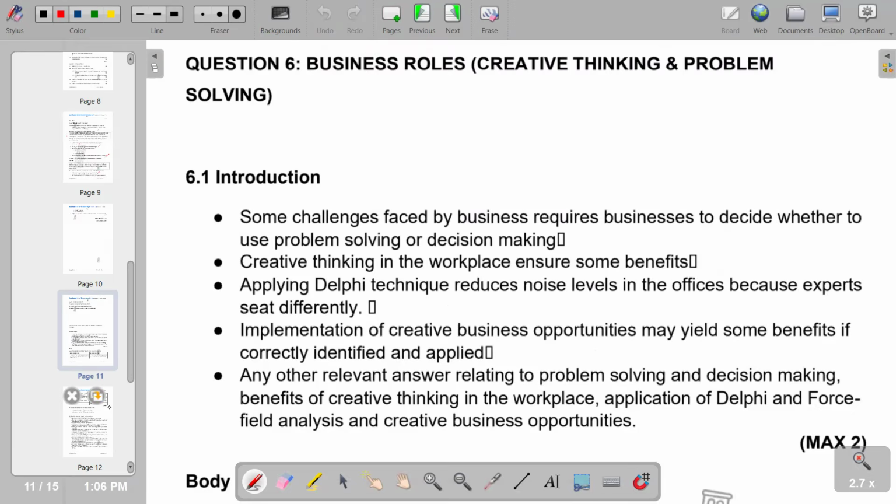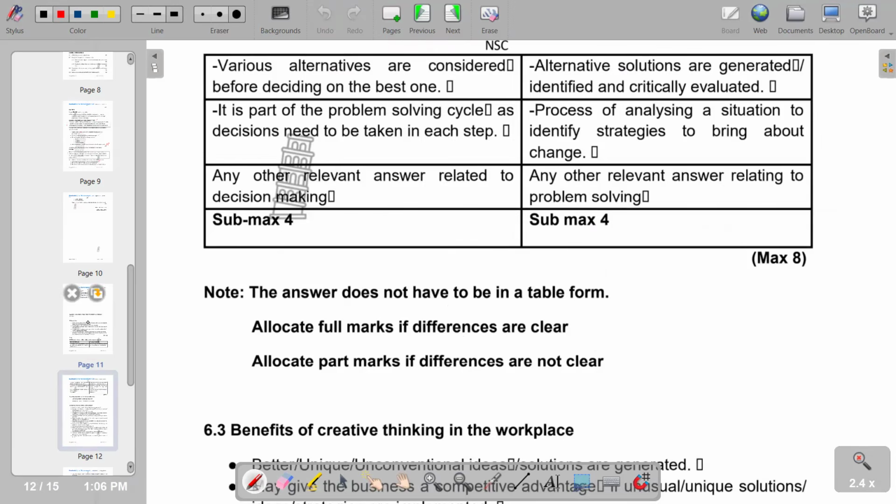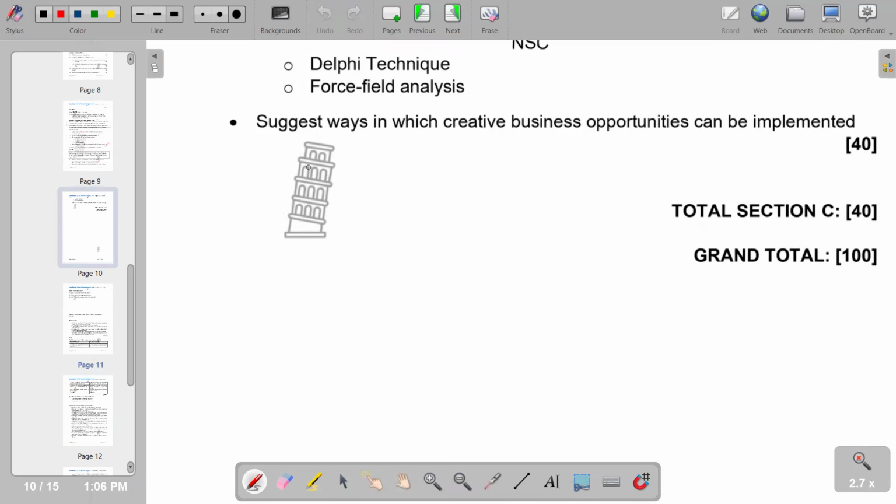We have the Delphi technique and the force field analysis. And on the additional part, you have to suggest ways in which creative business opportunities can be implemented.